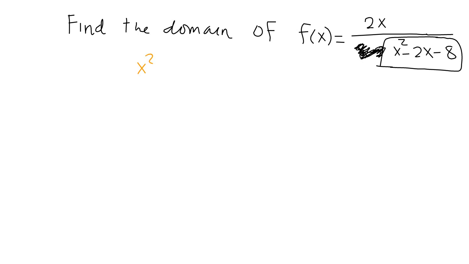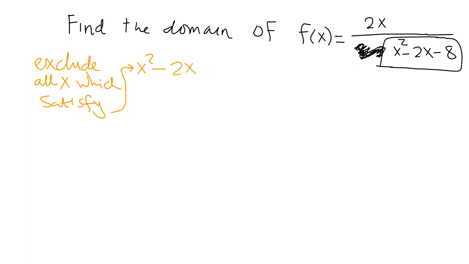So exclude all x which satisfy this equation, x squared minus 2x minus 8.